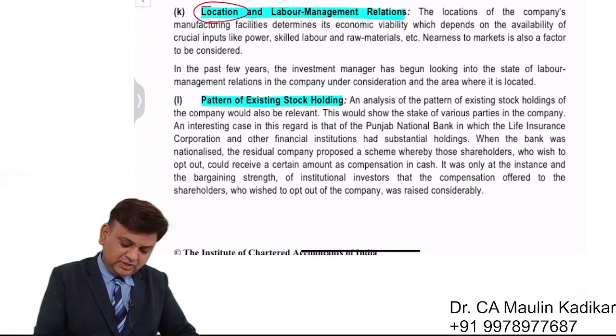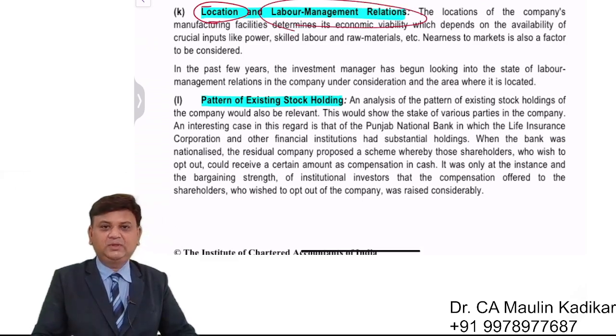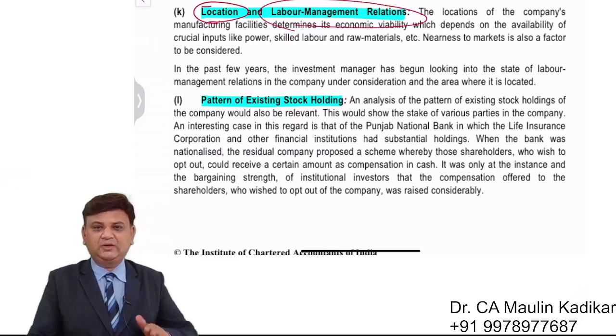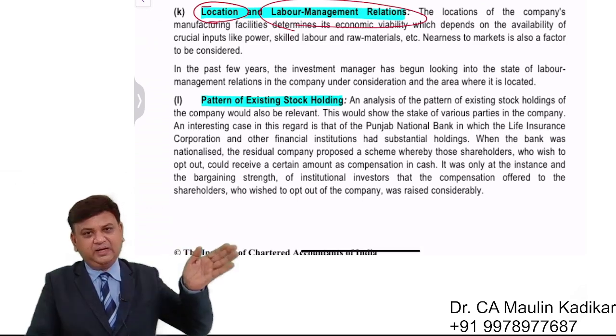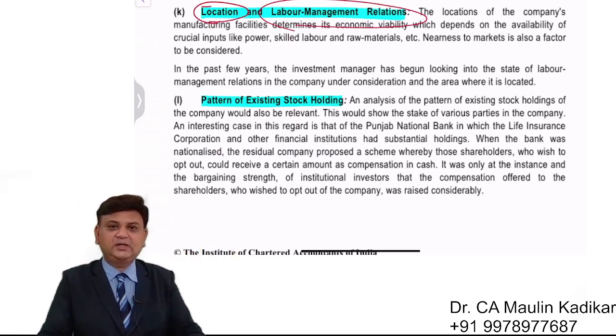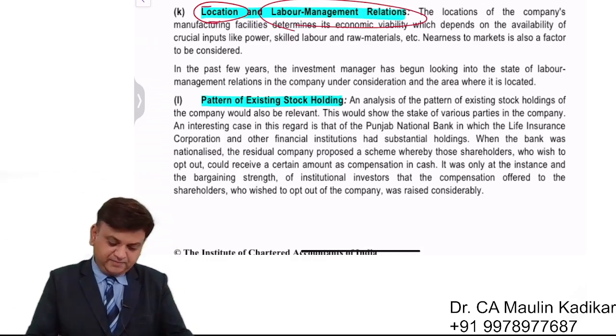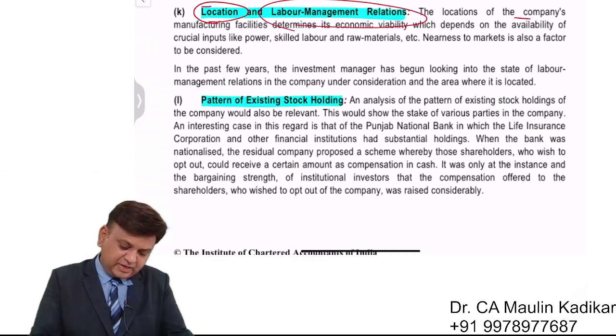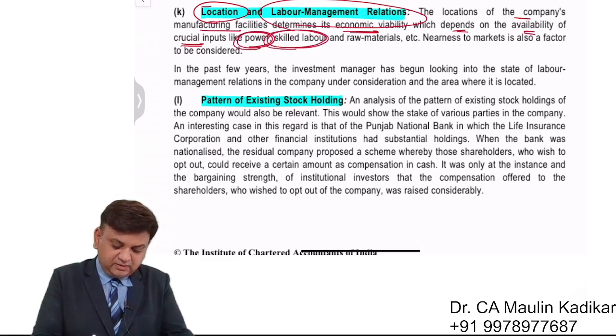लोकेशन, लेबर मैनेजमेंट रिलेशनशिप, तो वो दोनों आपको देखना है. If it is situated very far, it has lower points. Situated in the heart of the business, it is a good point. The location of the company's manufacturing facilities determines the economic viability, which depends upon the availability of crucial inputs like power, skilled labor, raw material.